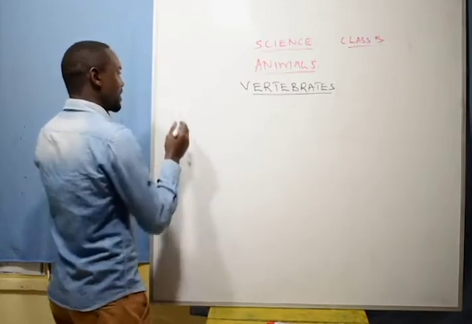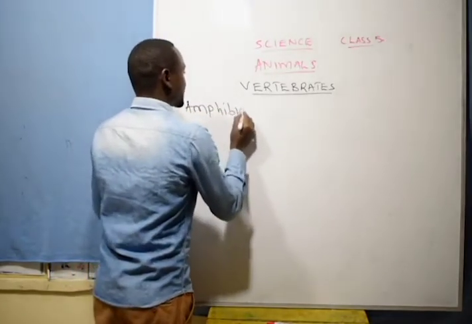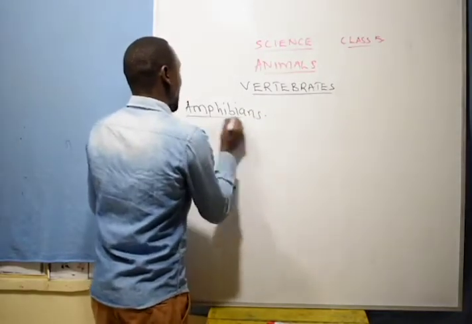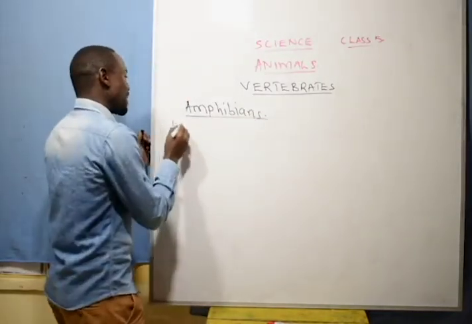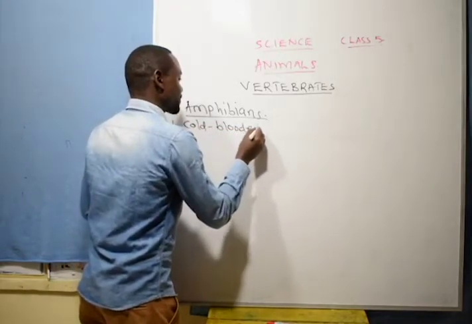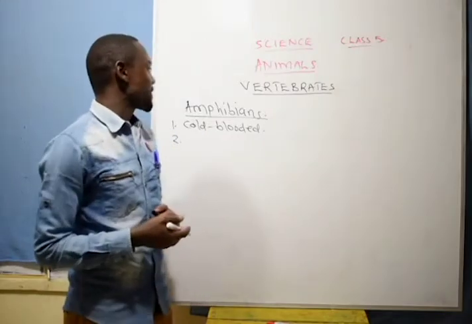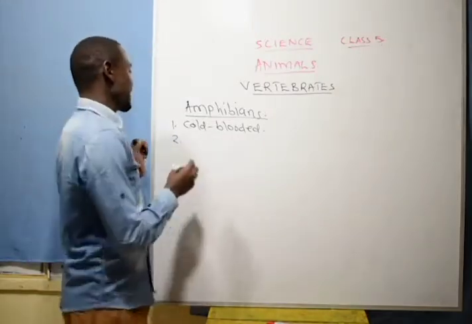Before we go to fish, let's look at the amphibians. What are amphibians? Amphibians are cold-blooded animals. There's something very funny about amphibians. Amphibians, they lay eggs.